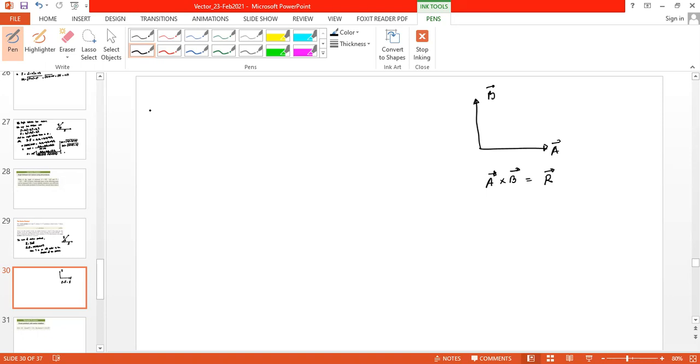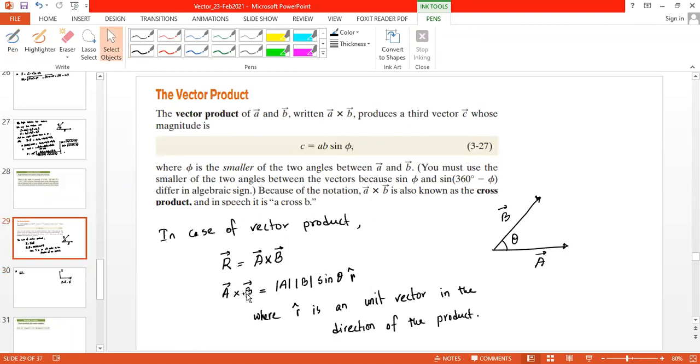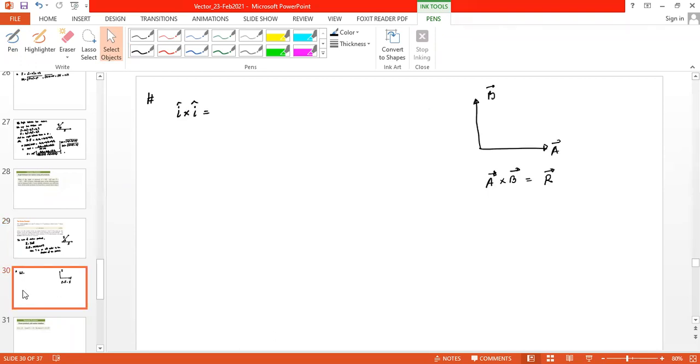Now I want to cross multiply two unit vectors, like I cross I. I cross I equal to what? Just have a look at the definition. A cross B means magnitude of A times magnitude of B times sine of the angle between them, multiplied by a unit vector.